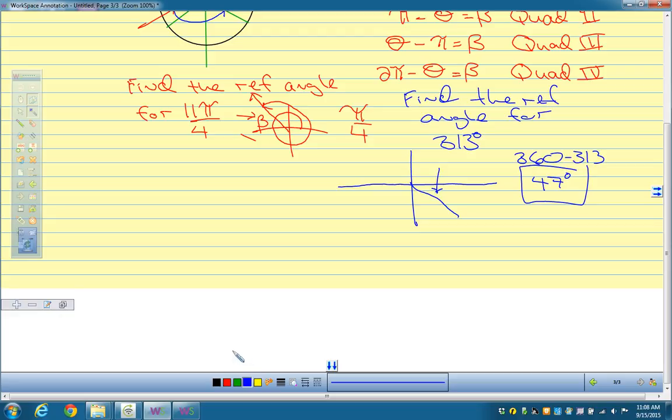How about one more? Find the reference angle for negative, here we go, 13 pi over 8. Negative 13 pi over 8.